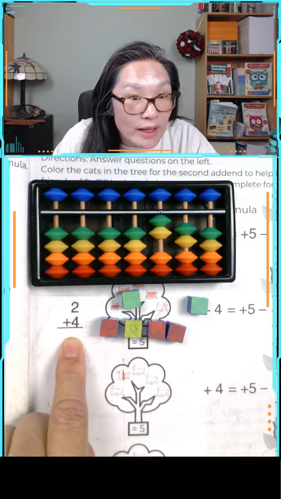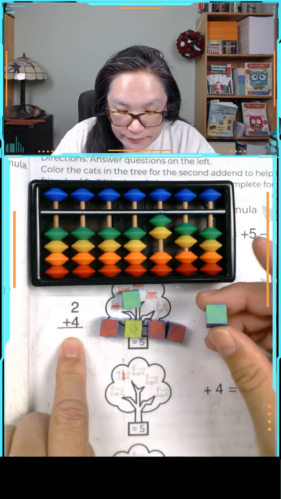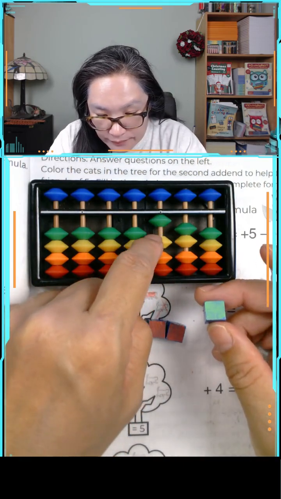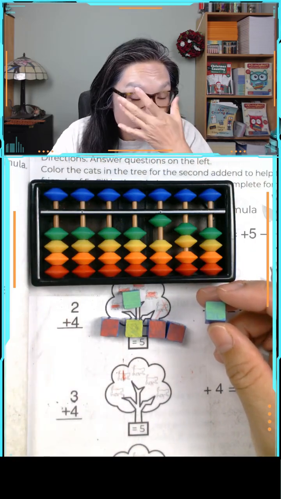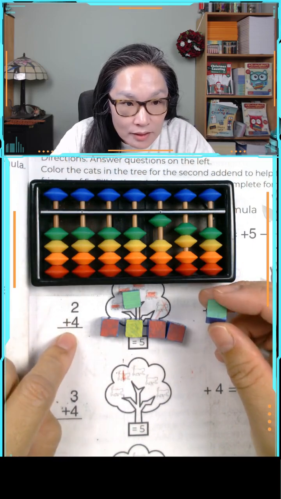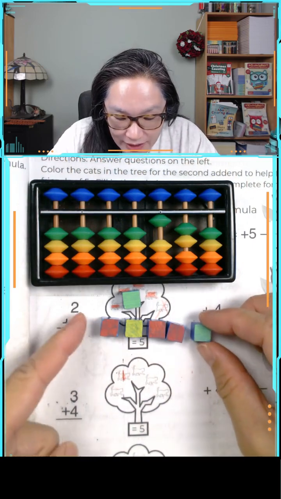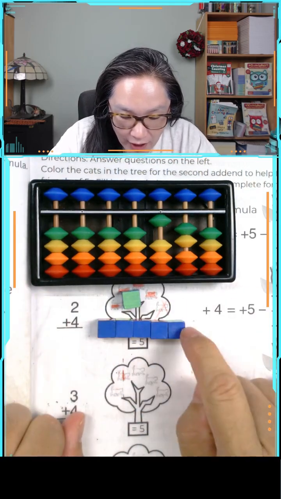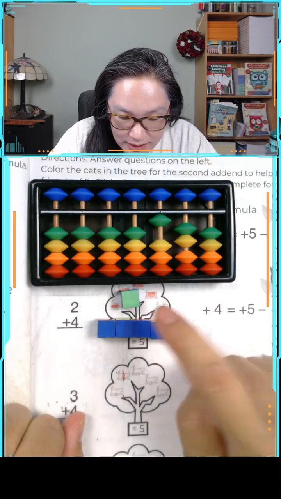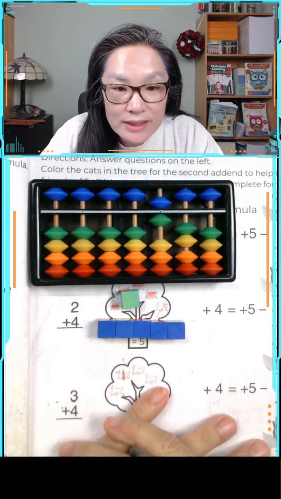I've got to give it away. Then I add it to my 4, and I have created a 5. So 5 plus 1 is equal to 6.